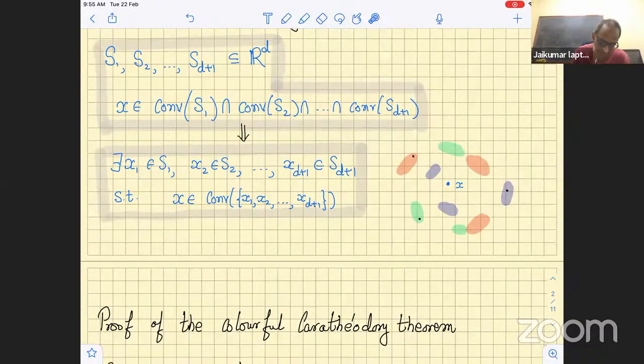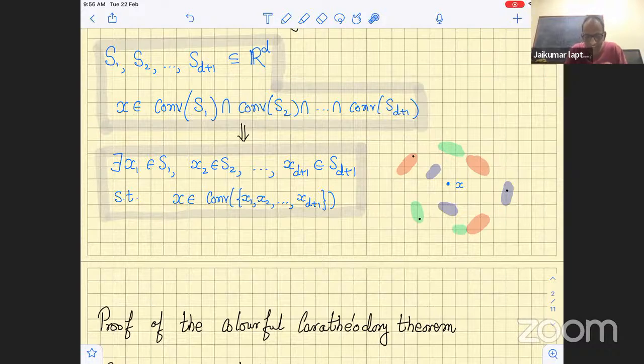And the theorem claims that that very point can actually be generated by d+1 points. Now that is plain old Caratheodory's theorem. Whenever something can be spanned as a convex combination of some number of points, we don't need all of them. Just d+1 of them. The dimension plus 1 is always enough. But Colourful Caratheodory's theorem goes one step further.